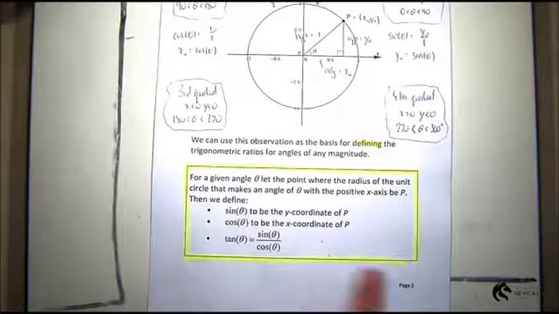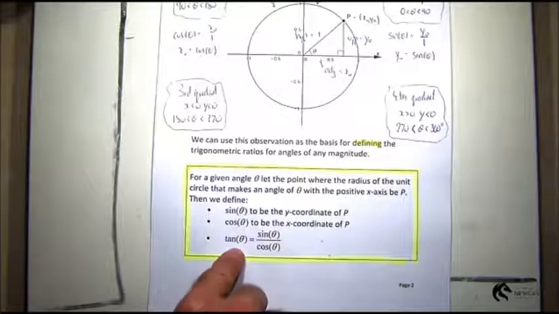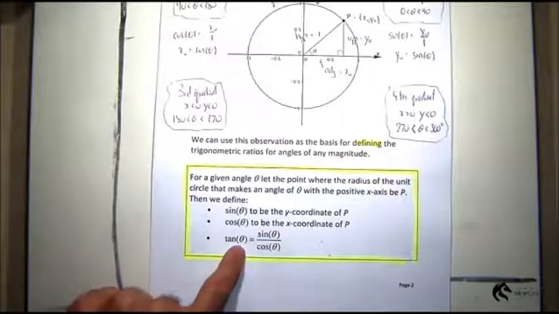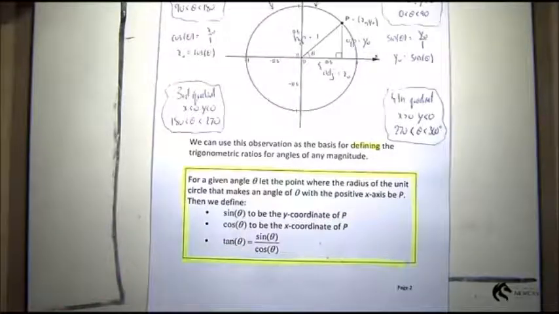And to get the tan of theta, we have to use one of our trig identities from last time. We said last time the tan of theta was sine over cos, so we will now make that the very definition of tan theta. And so that is our new, improved vision of the trigonometric ratios.